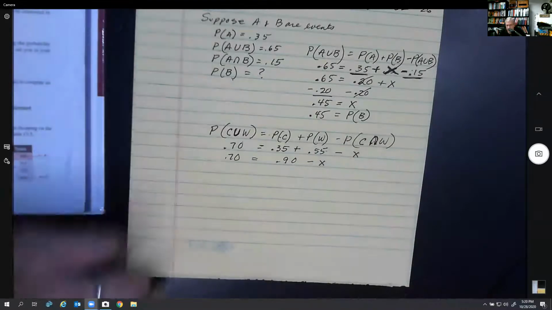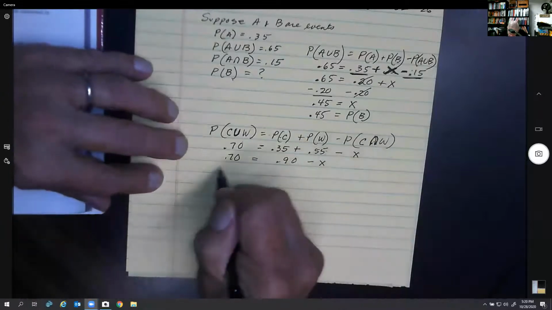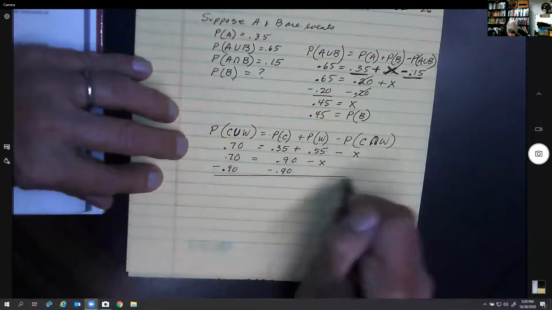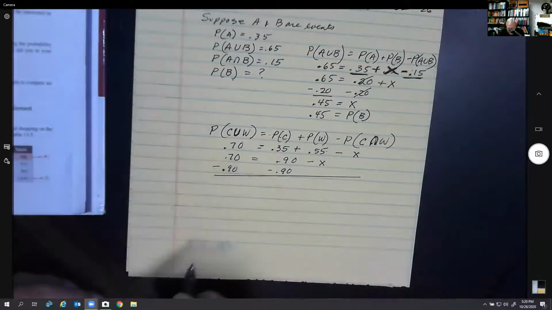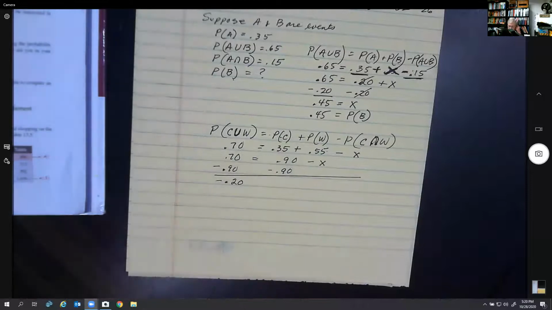Minus X. So now I'm going to solve this equation. I'm going to bring this 0.90 to the other side. I'm going to subtract it off from both sides. But as you can see, 90 is bigger than 70, so this will give me a negative 0.20. There's more negatives than positives.